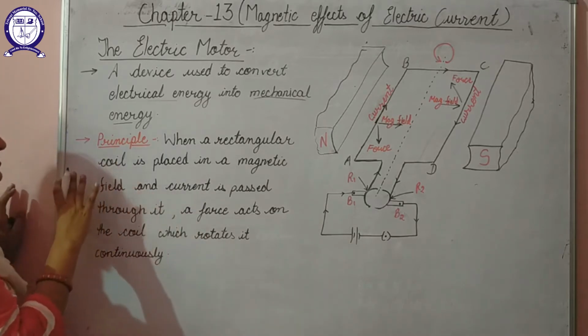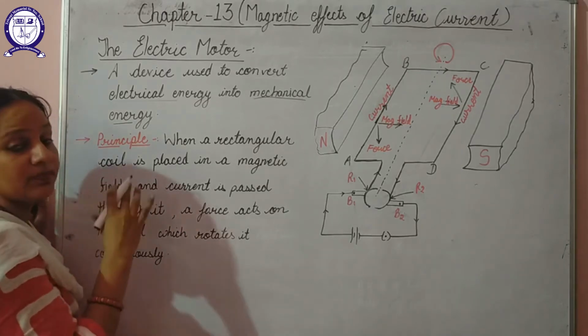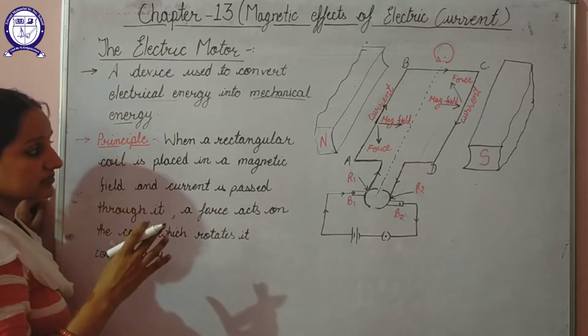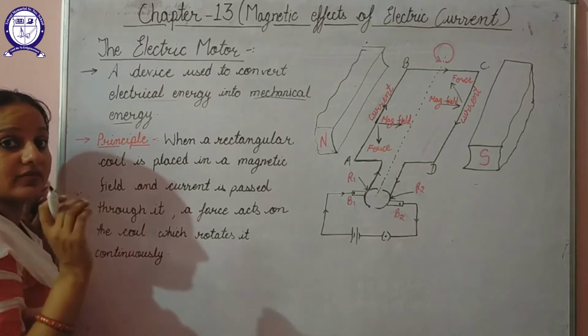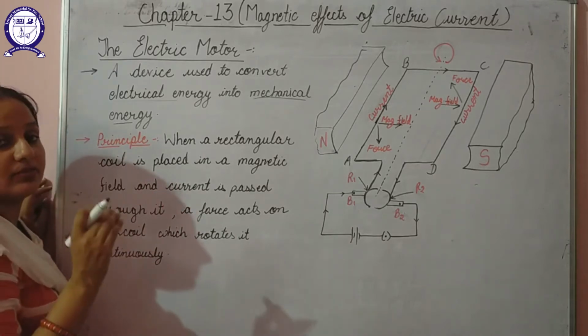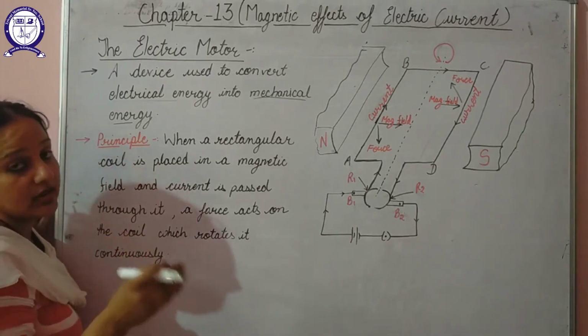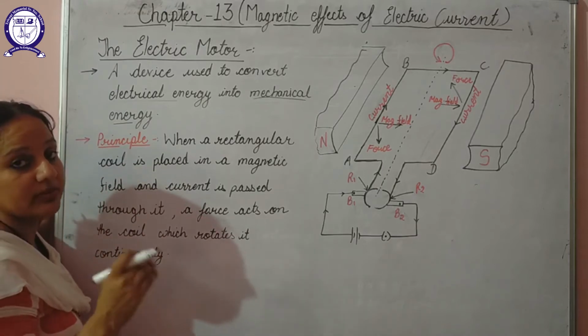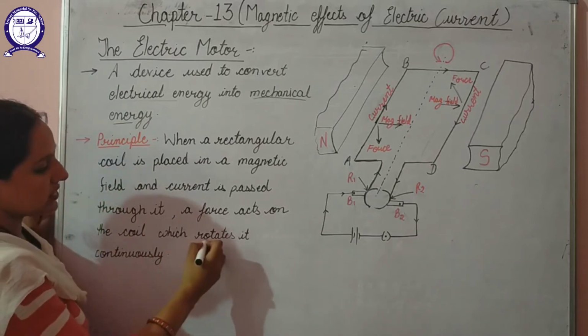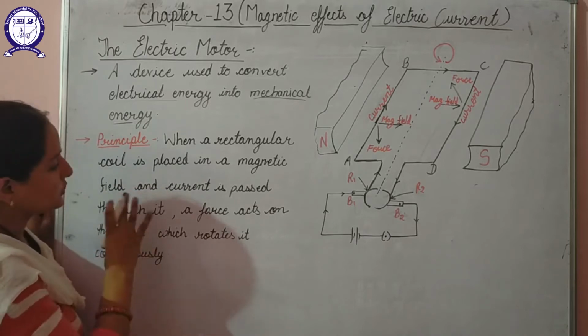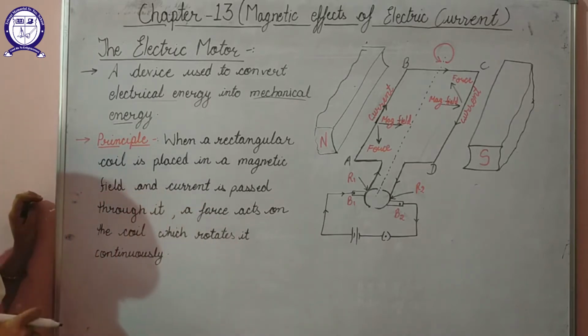The same principle applies to the electric motor also. Here also we have a rectangular coil, current is passing through that coil, and if you place that coil in a magnetic field, some force will act on the coil because of which the motor starts to rotate continuously. So this is the working principle of an electric motor.